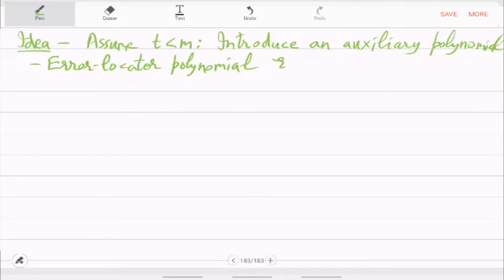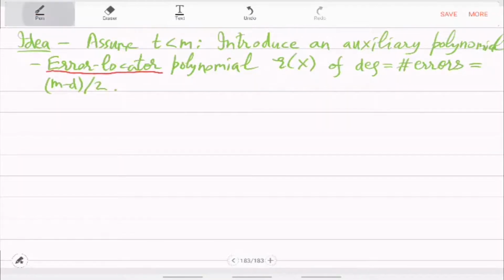We will call it E(X), which has degree equal to number of errors, and number of errors you know can be (M minus D) by 2. Now obviously we don't know which pairs are bad, which A_i's are bad or B_i's are bad. So we will also not know the details of this error locator polynomial, but we can set up an equation.